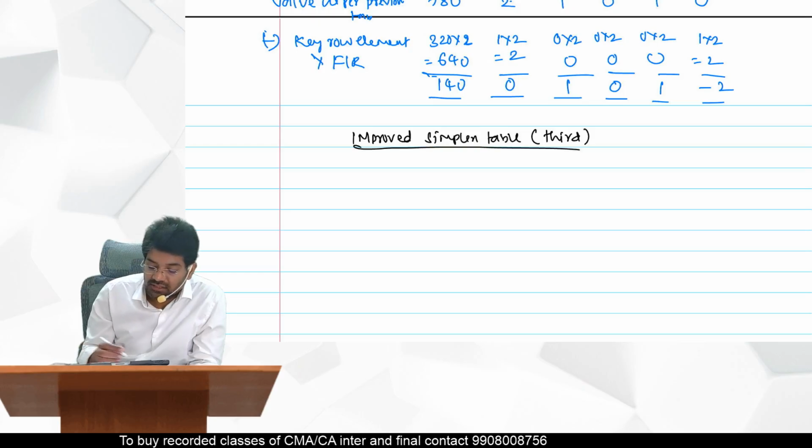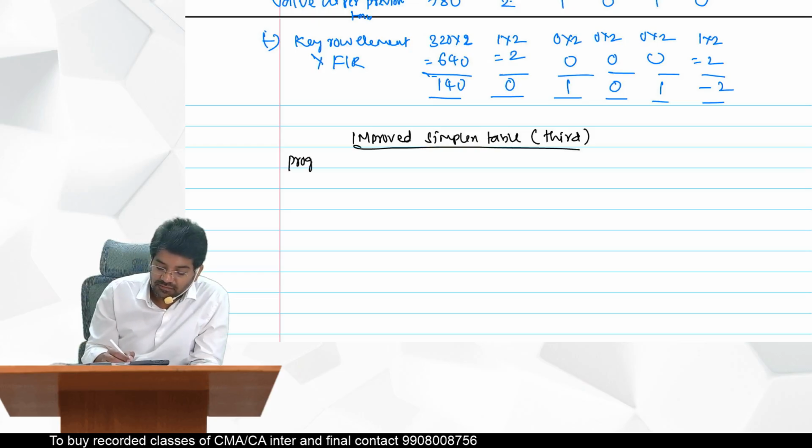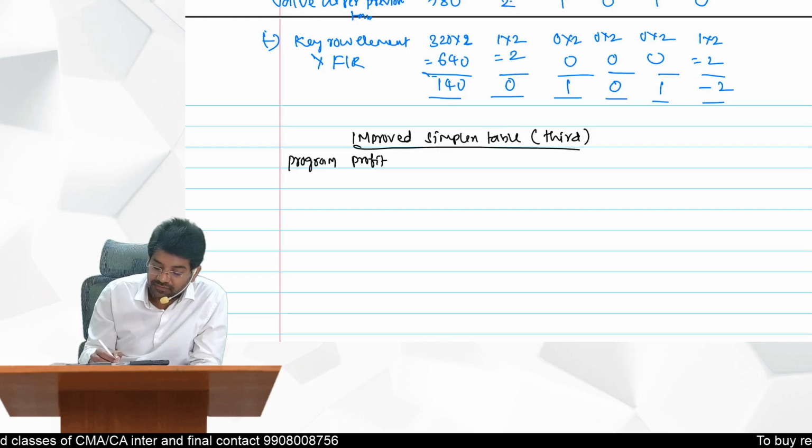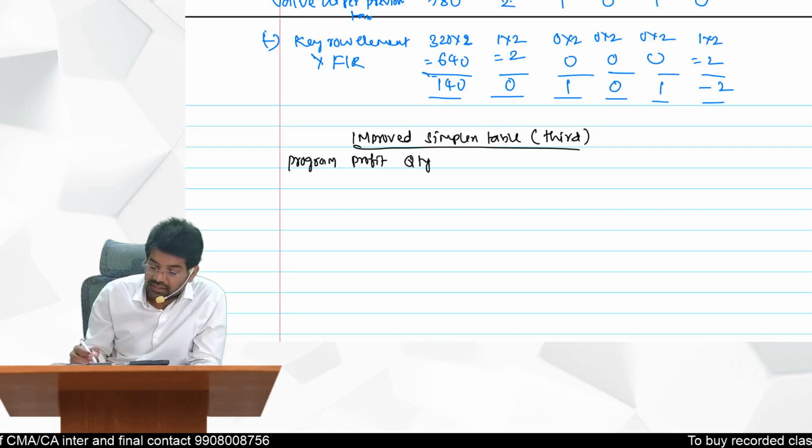It has program variable, profit per unit of each one, quantity, then decision variables.